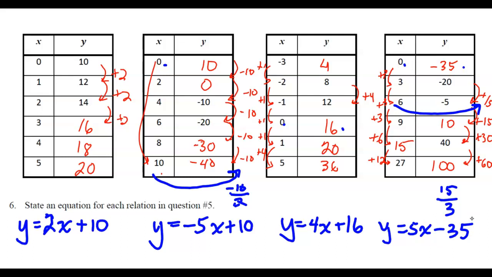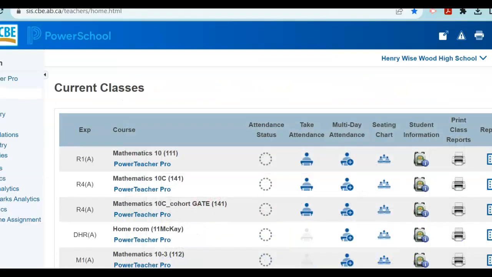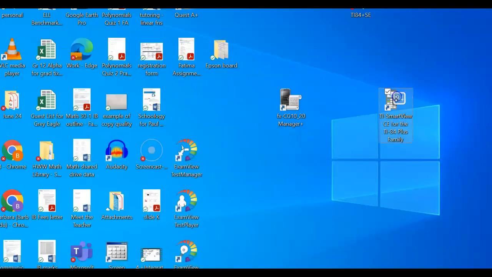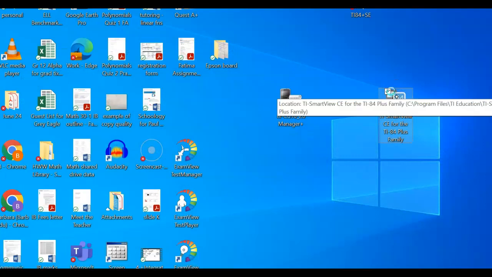So now you could, if you have a graphing calculator, you could do this. I'm going to get mine out here and show you. You might not have a graphing calculator yet, and you don't need to have one for this course. You will for 10C.